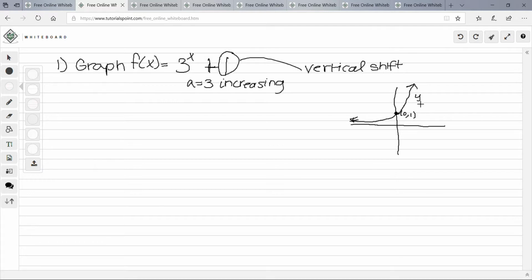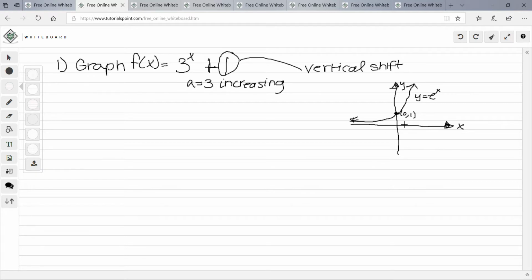This could be y equals e^x, or y equals 2^x, right? Because a is greater than 1. So it always has a y-intercept of (0, 1), and notice here's your x and here's your y.